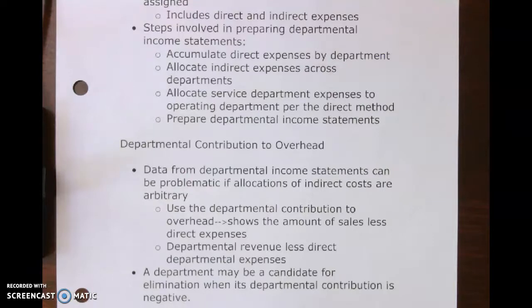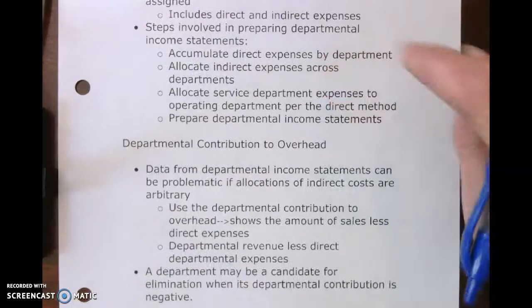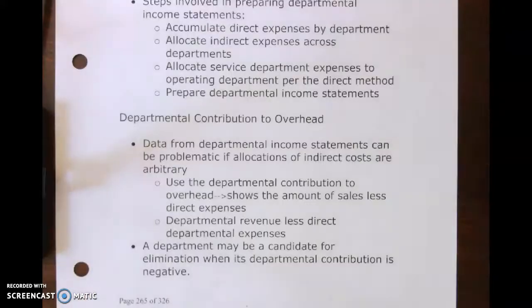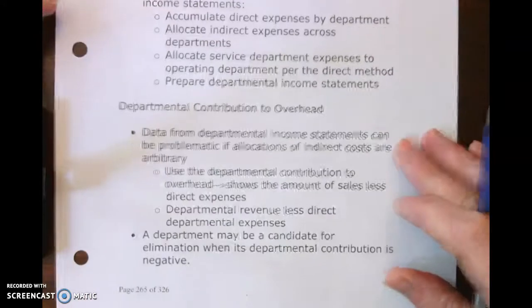They clean the assembly department, they clean the finishing department. They would therefore allocate their costs to the assembly department and to the finishing department, and those expenses would show up in the departmental income statement for each. Then finally, we would prepare departmental income statements.